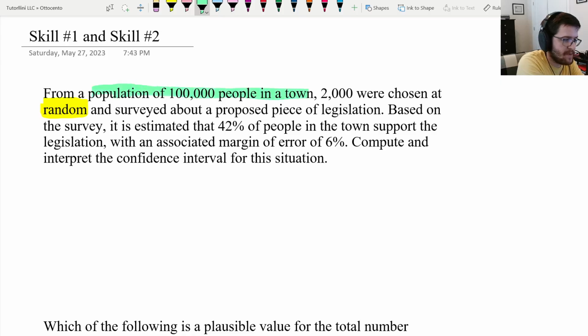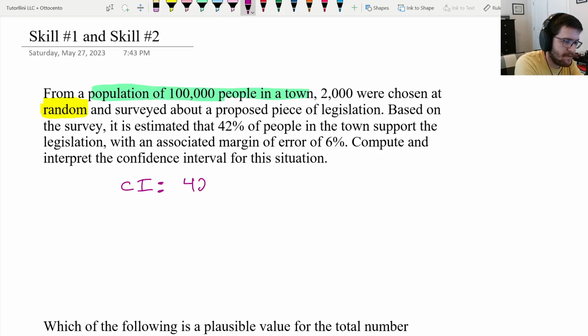That could be a helpful piece of information later. And it tells us 42% of people. So that's a proportion. So when you do proportions, you typically can divide by 100 to make it a decimal, but you typically can just leave it as a percent. A lot of times in the answer choices, they leave it as a percent. So that's what I'm going to do here.